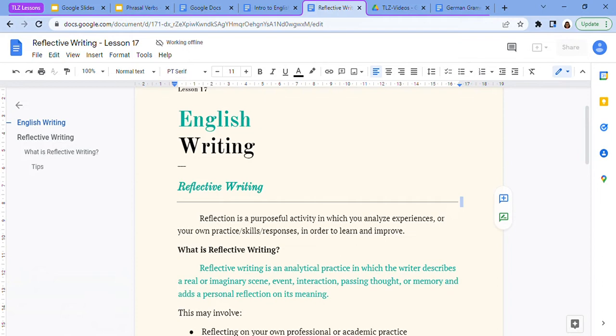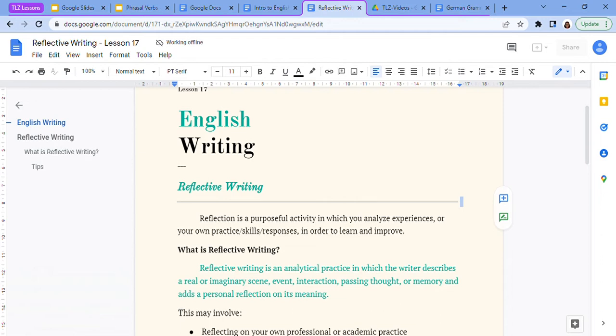Reflective writing, more or less, is like taking time to write down your introspection. It helps you develop new insights which are instrumental to growing and developing new outlooks.